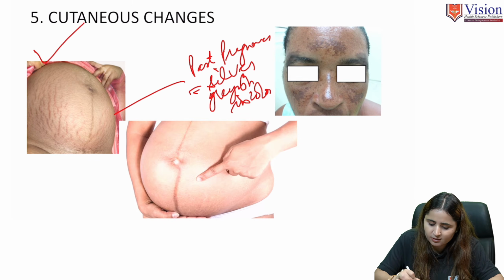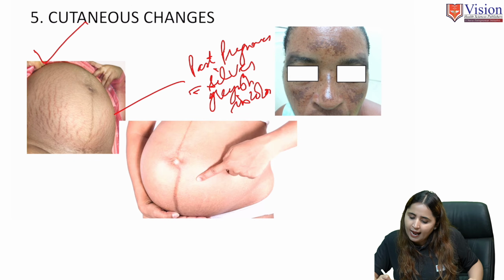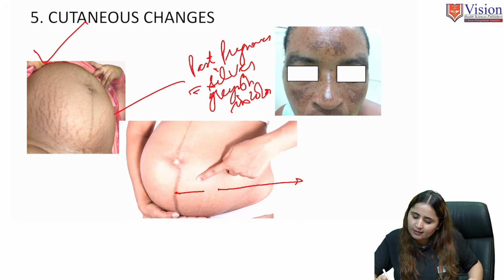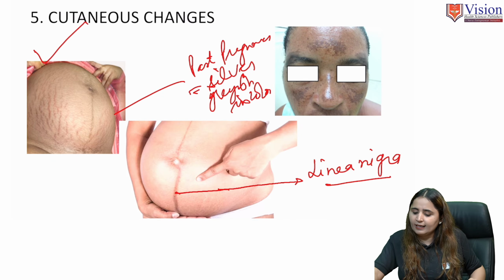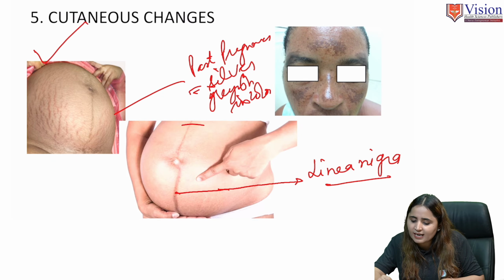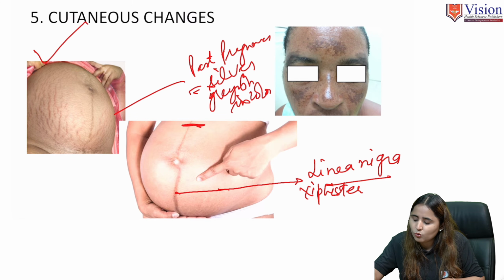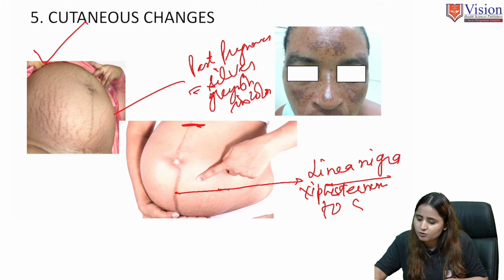Another one is this line, which is called linea nigra. Linea nigra is a line which extends from the xiphisternum to the symphysis pubis.